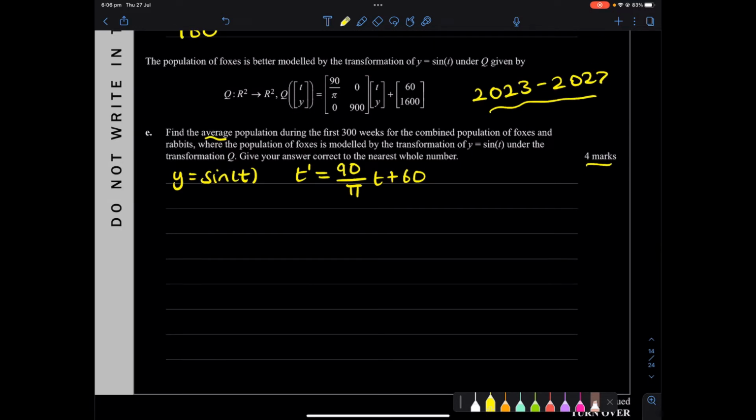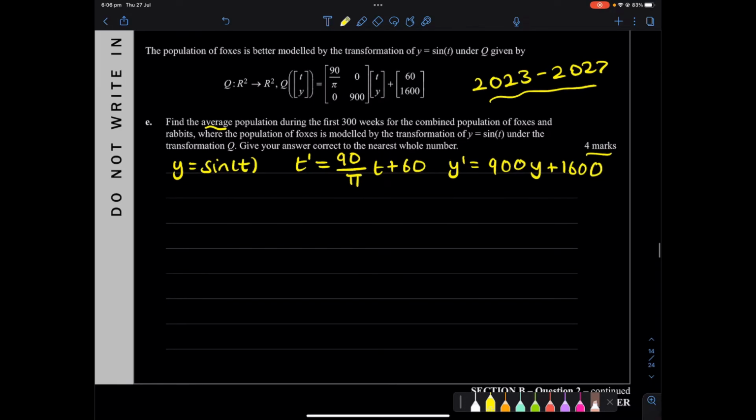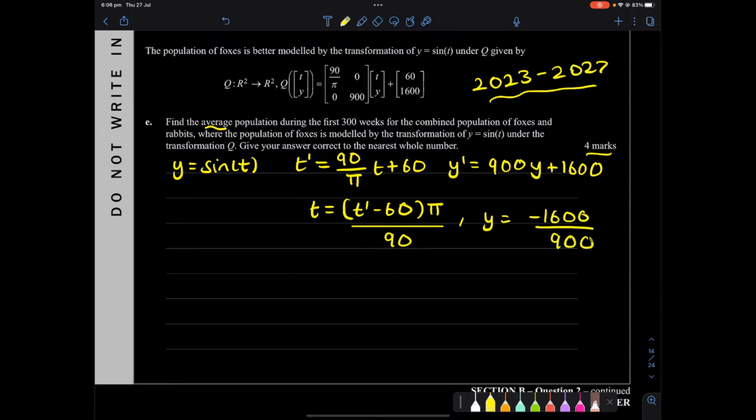So we get t dash this, and we also know that y dash is 900y plus 1600. We solve for t and y. For this one, t is equal to t dash minus 60, all multiplied by pi over 90. And we get here y dash, so y is minus this over 900.